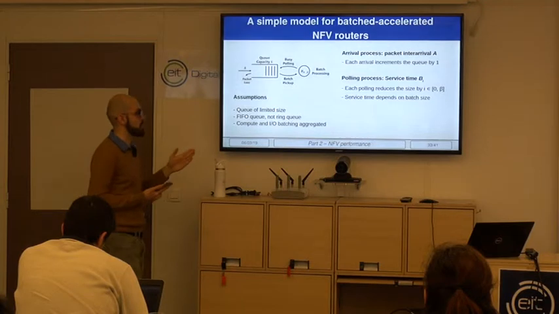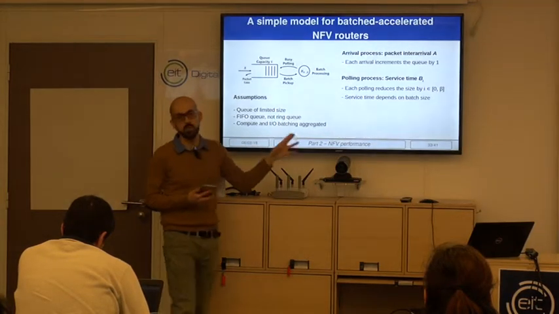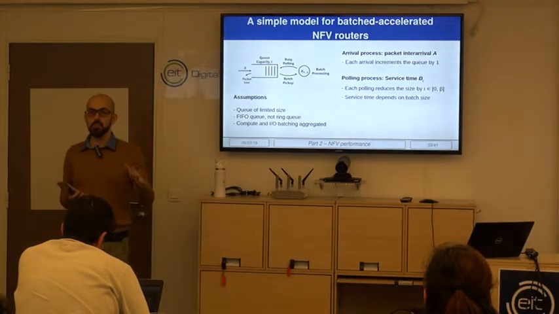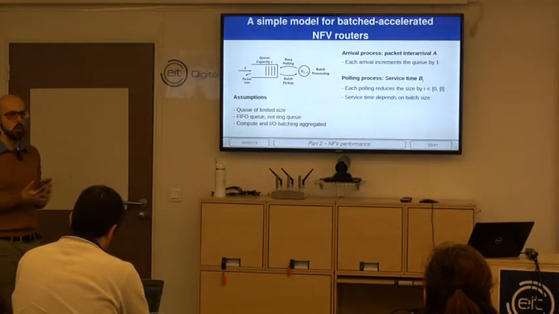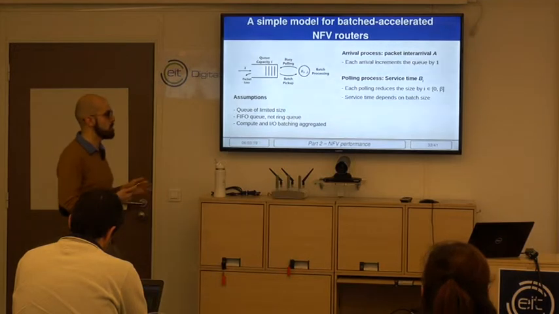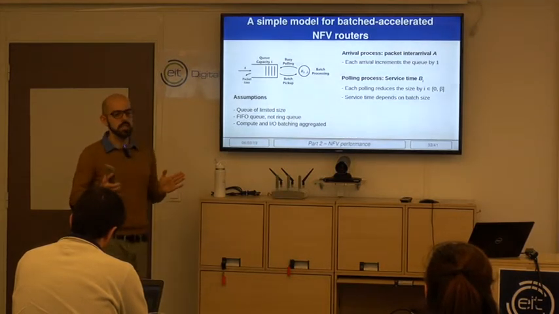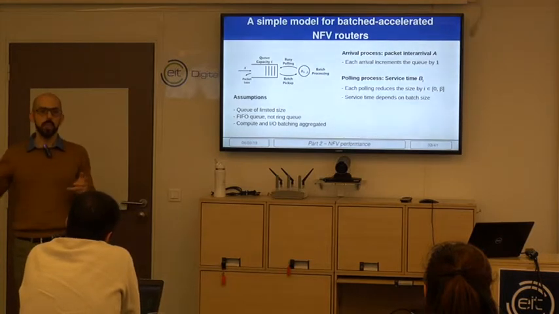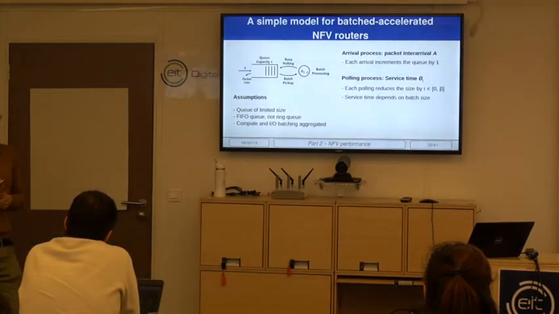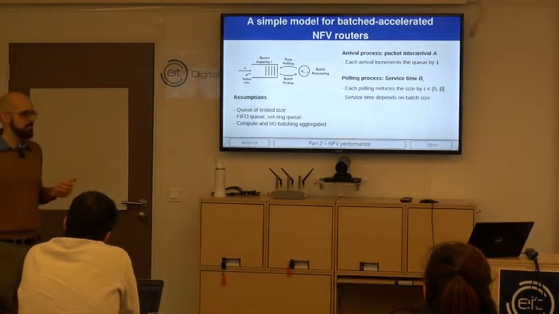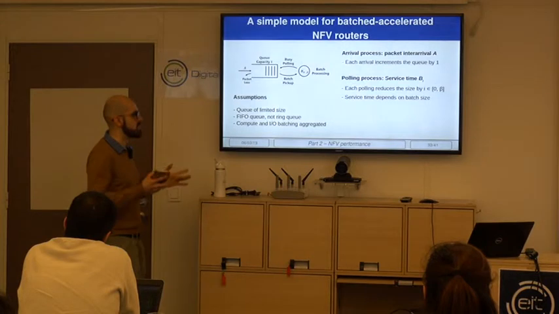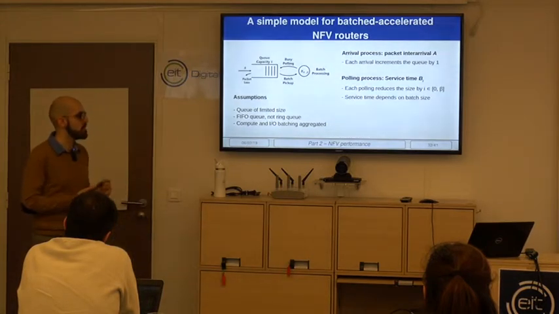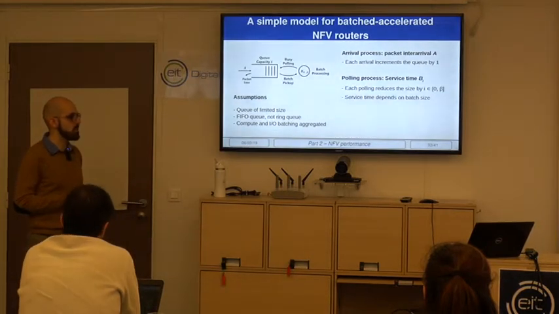The interesting part here is that the service time is not constant, because the service time depends on the batch size, as we observed in the previous plot. Big batches will have a better efficiency in terms of instructions per packet, but they will require more processing. So the processing time has this evolution that depends on the batch size i.